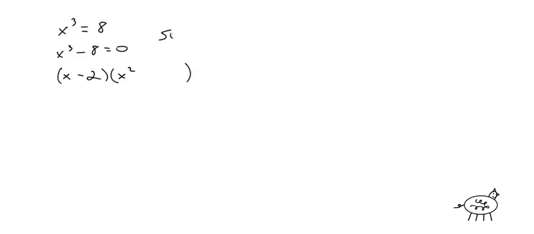I learned it from some summer school kids as difference of 2 cubes or sum of 2 cubes is SOAP. You're like, what does SOAP have to do with this? Okay, well, SOAP stands for same sign, opposite sign, always positive.